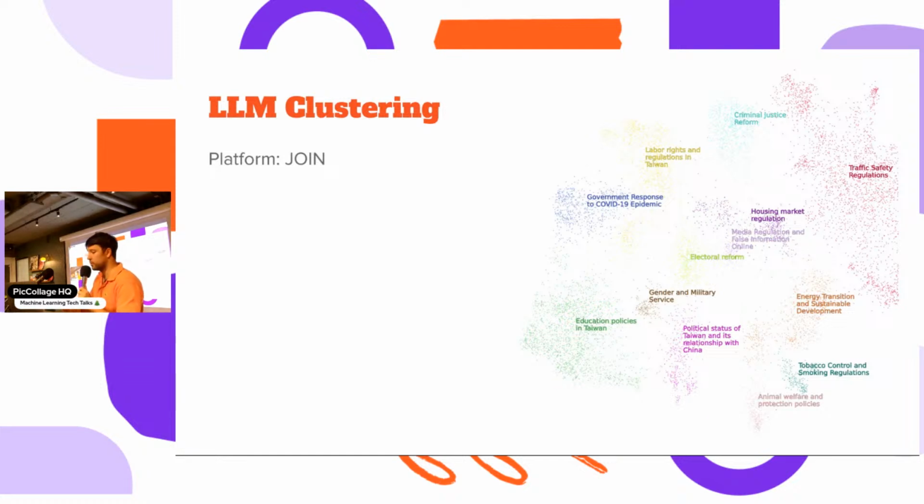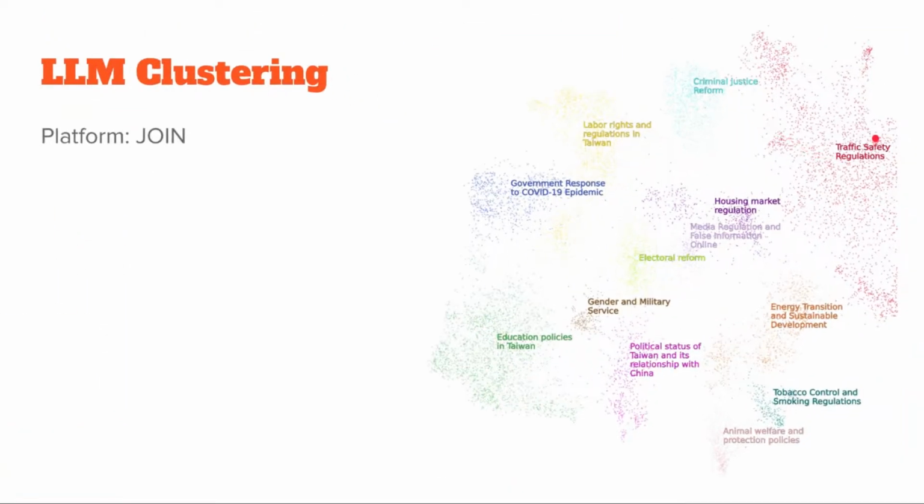Is it a good visual? Yeah. Okay. The big topics were education policies in Taiwan, government response to the COVID-19 epidemic, labor rights regulations, criminal justice reform, and traffic safety regulations. One point is one proposal, so the bigger the island, the more proposals, meaning more points.